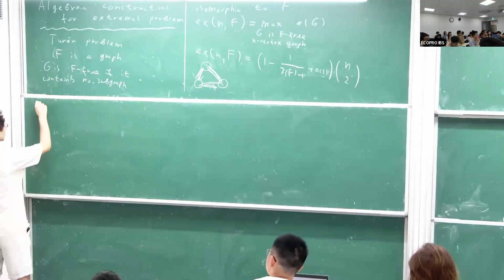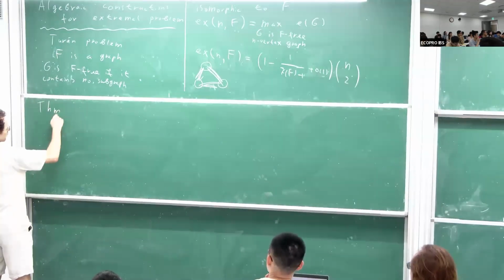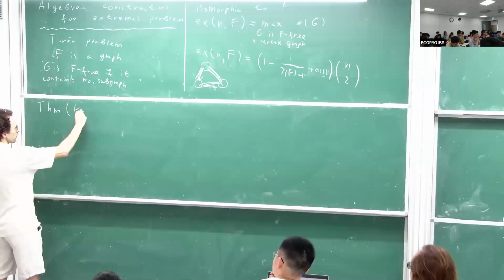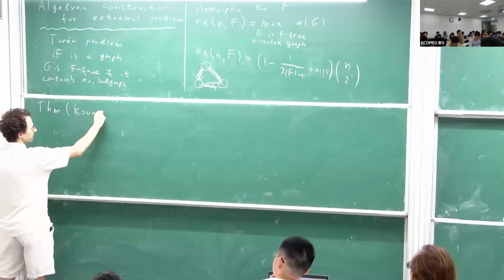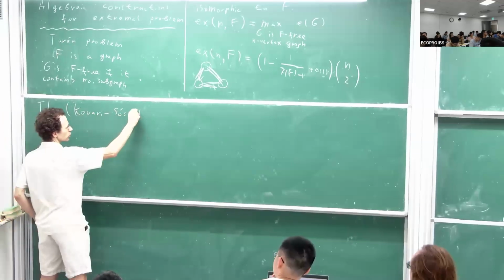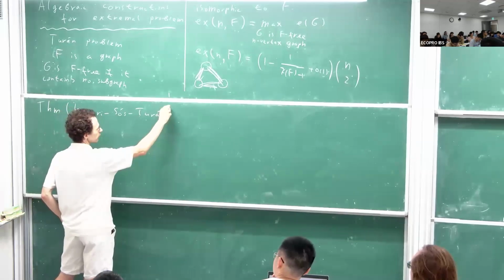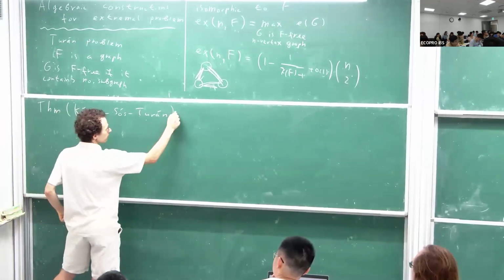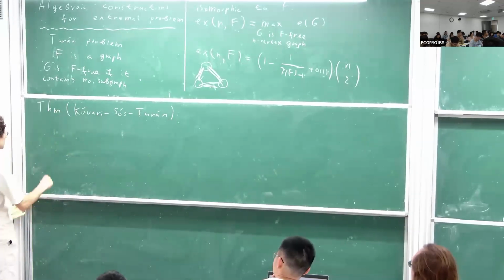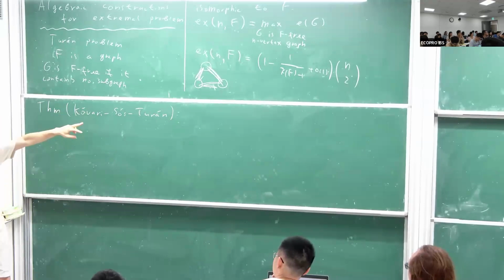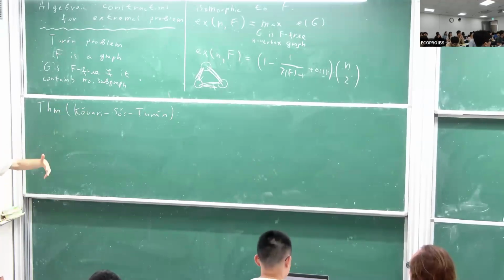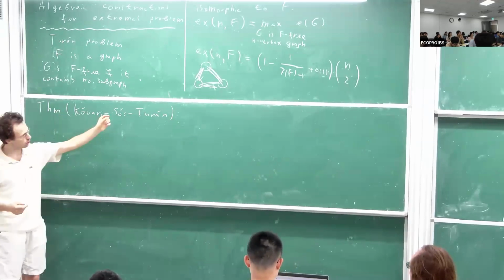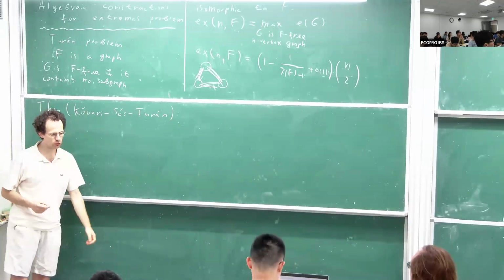So in this case, there is the result of Kővári, Sós, and Turán, which says that once you forbid any bipartite graph, you no longer get a quadratic behavior, you get a subquadratic behavior. More precisely, the exponent becomes less than 2.